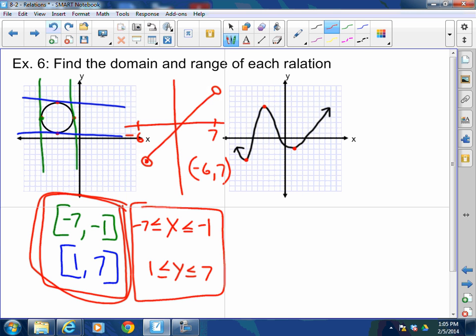If it was included, it'd be a solid circle, and then it'd be a bracket. You feel me? Great question. Does that make sense?